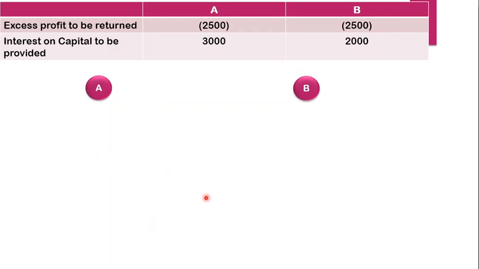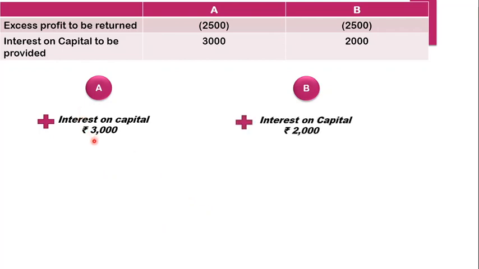So we are going to find out the net effect here: interest on capital received by A is 3,000 and interest on capital received by B is 2,000. And of course they have to pay the excess profit of 2,500, they have to take that out, and in the same way B also has to take out 2,500 as excess profit. So what happens, who is in excess?